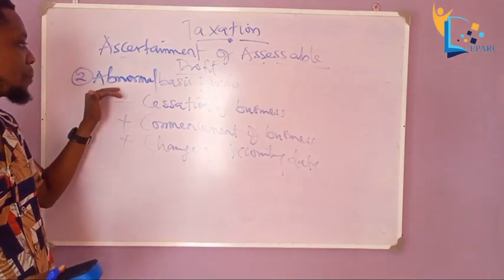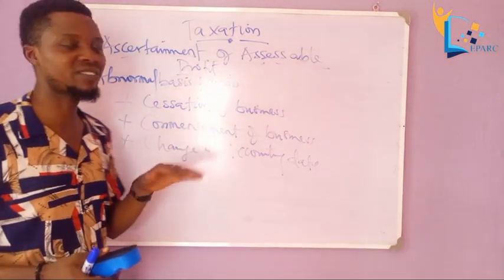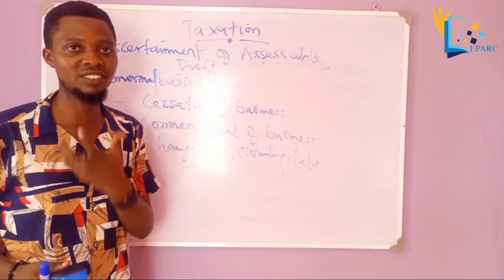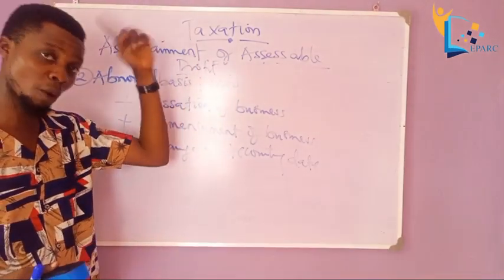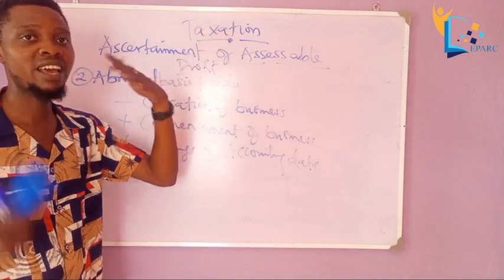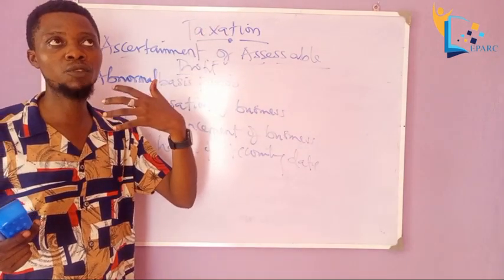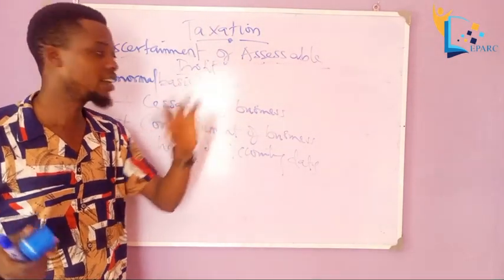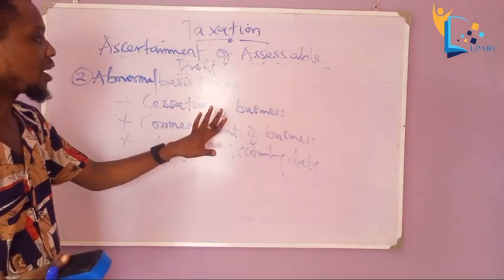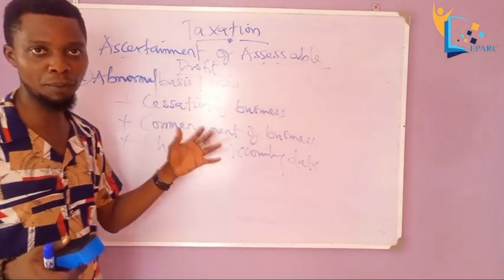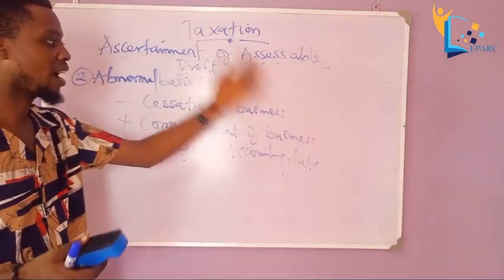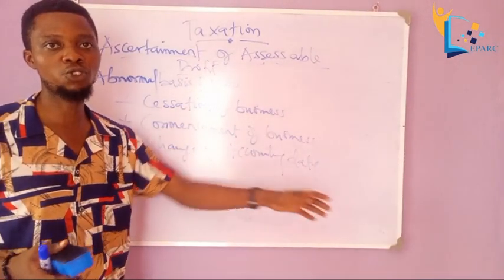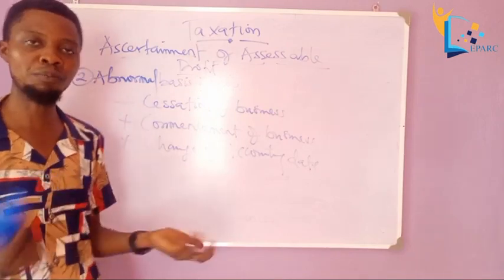For abnormal basis period, the commencement of business here is business that is just starting for the first time. While the use of the normal basis period for commencement of business is business that have stayed up to 3 years and above. So we are going to look at various examples in our next class, how we can apply the normal basis period and the abnormal basis period to solve some problems.